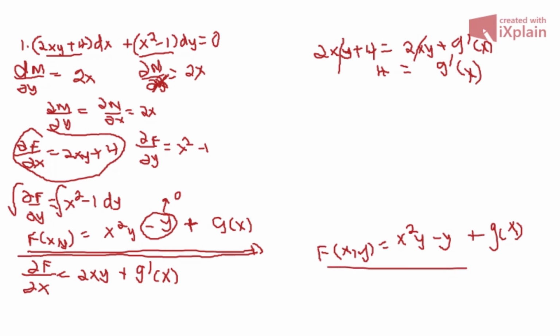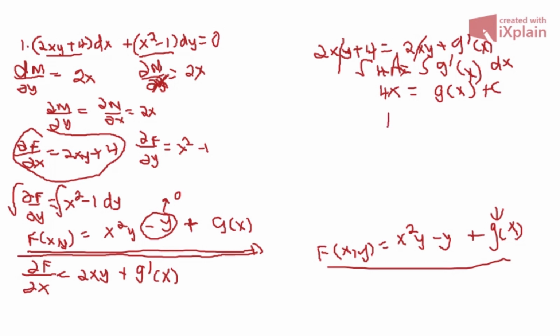But we are still looking for g of x to plug in here. This is not g of x, it's g prime of x. So we need to integrate both sides with respect to x to get g without a prime. So integral of 4 dx is 4x is equals to g of x plus c.